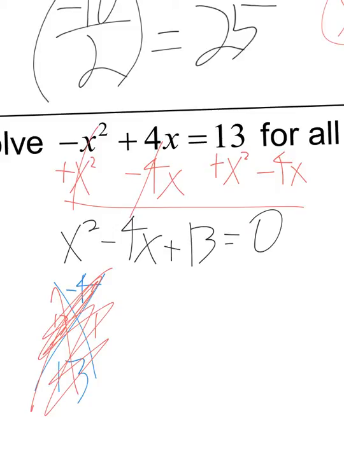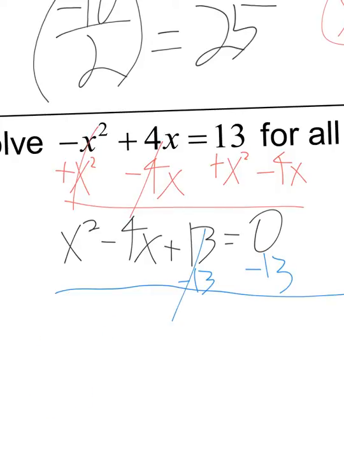So when you complete the square, you're going to minus that third number, whatever it is, to the other side. Okay, so now I have x squared minus 4x equals negative 13.